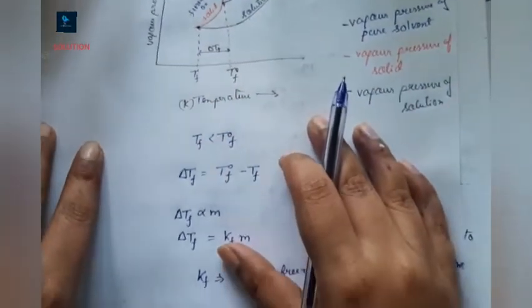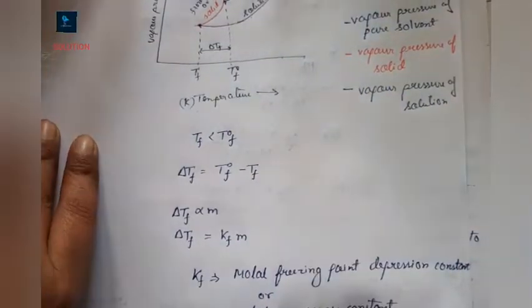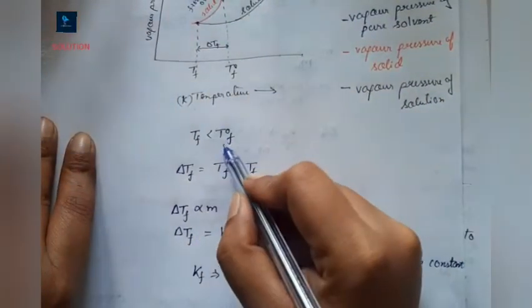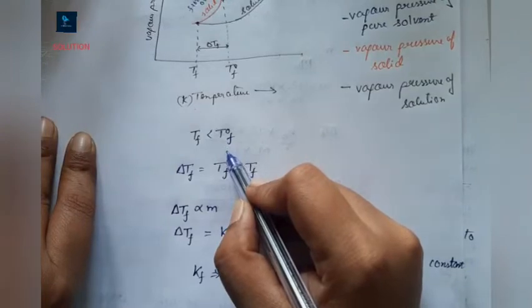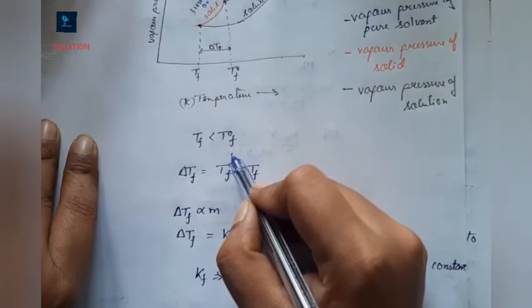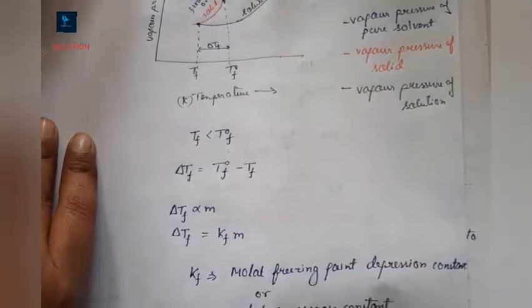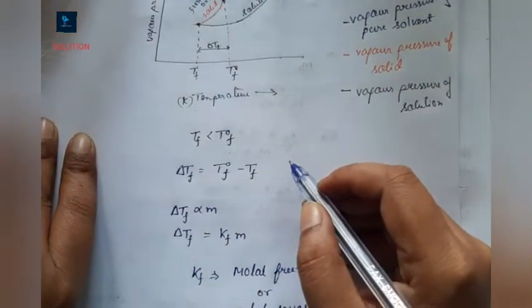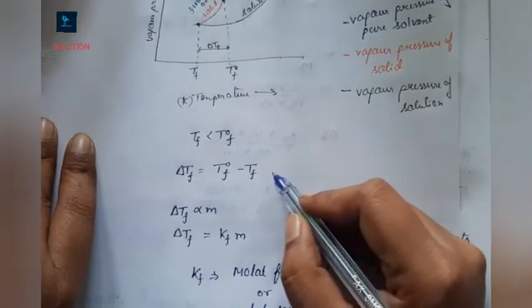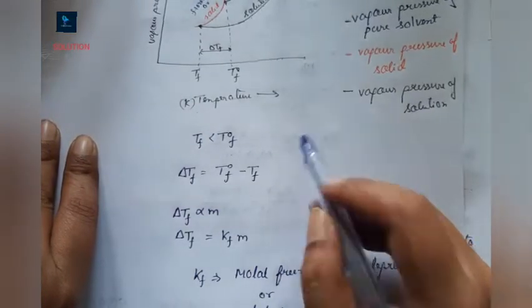So the freezing point of the solution is less than the freezing point of the pure solvent, and this is the reason why this property is known as depression in freezing point.